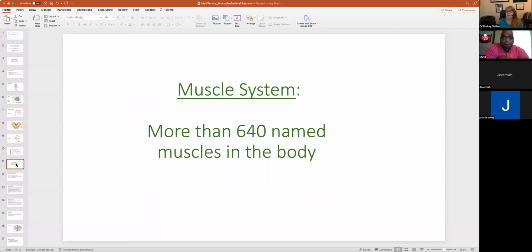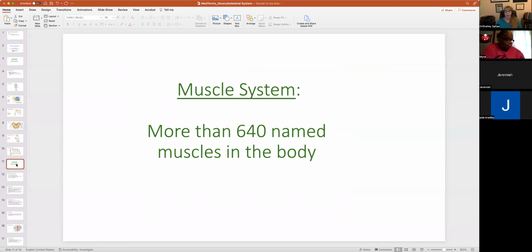There are more than 640 named muscles in the body, and many, many more than that that don't have names. Isn't that sad? But that's okay. They're what we call the lesser known muscles.